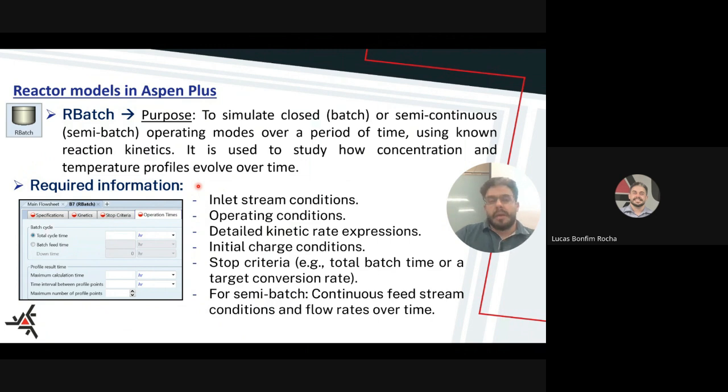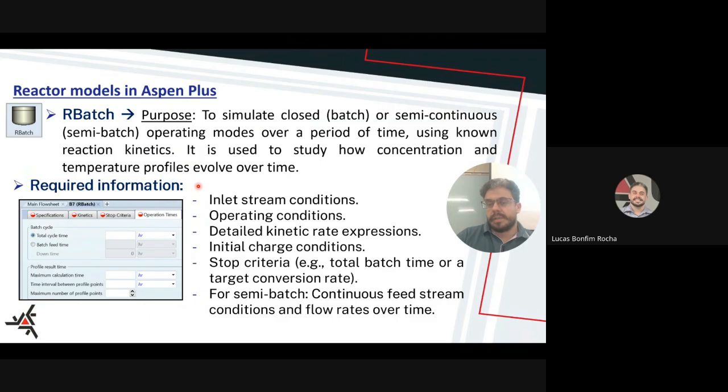In this case, we must specify the inlet stream conditions, the flows of the reactants, the composition, the temperature, pressure, the operating conditions, the tailored kinetic rate expressions, considering the variation of time, and initial charge conditions.